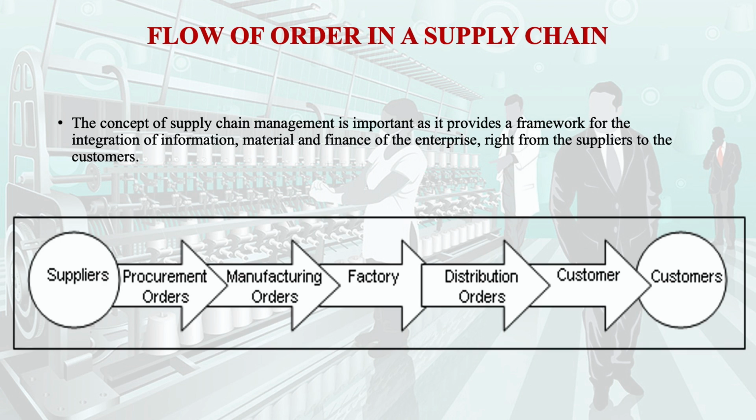There is procurement, there is manufacturing, then in the factory there is assembly or final finishing, then distribution, and then your customers. The concept of supply chain is important as it provides a framework for the integration of information, material, and finance of the enterprise, right from suppliers to the customers.